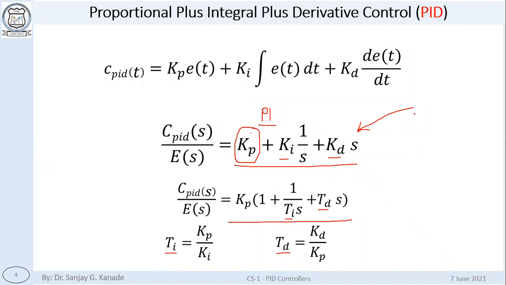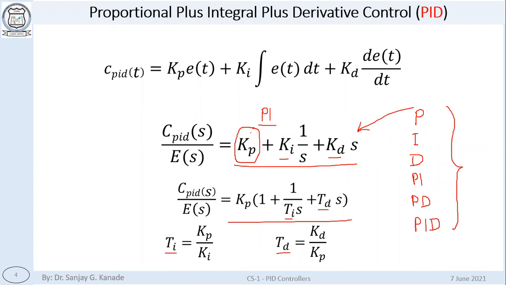Then you can have proportional integral, proportional derivative, and proportional integral derivative. These are all possible. ID, meaning integral derivative, is mostly not used.